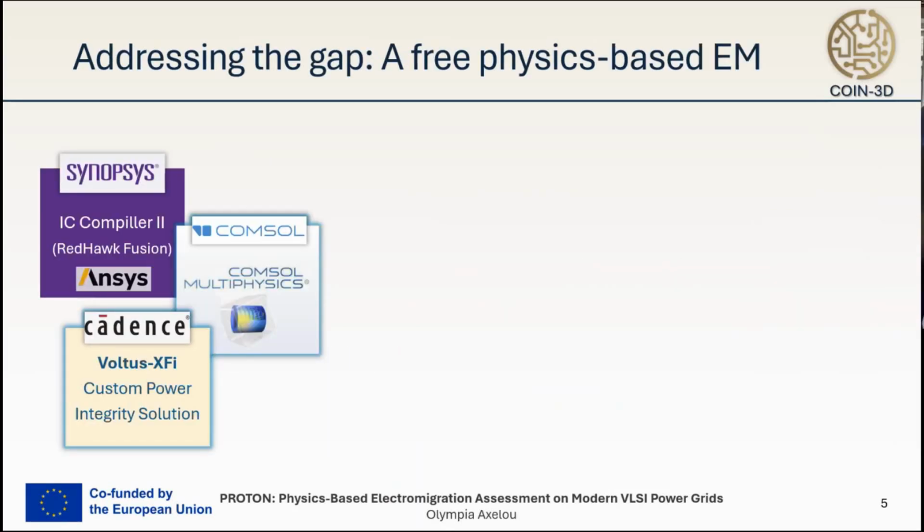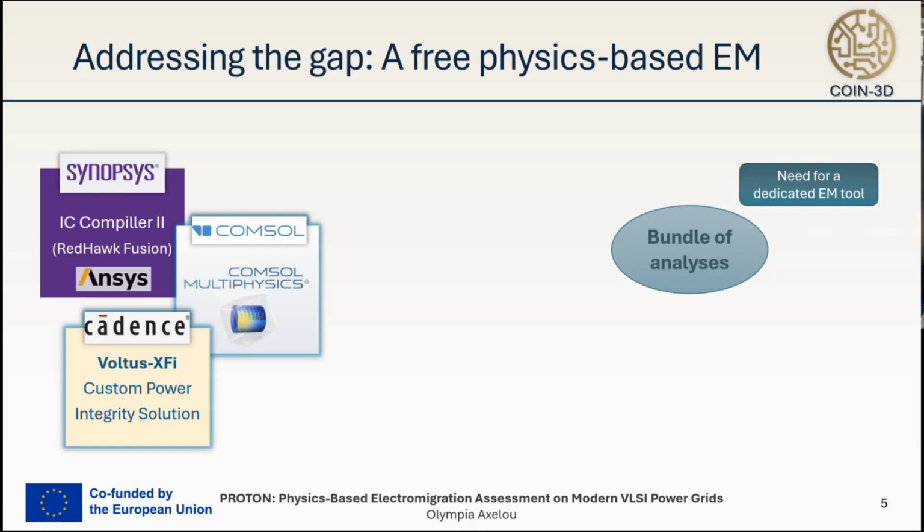In particular, there are various industrial tools that perform electromigration analysis, such as Voltus by Cadence, RedHawk by ANSYS, which is integrated into IC Compiler, and also COMSOL Multiphysics, which is a FEM simulation software package for various physics and engineering applications. Now, the problem is that all these tools, although they offer a bundle of analyses, none of them is explicitly for electromigration and how it evolves in modern power grids and designs.